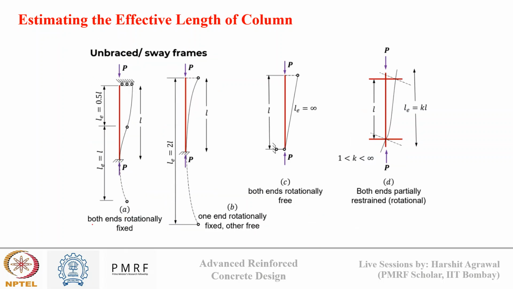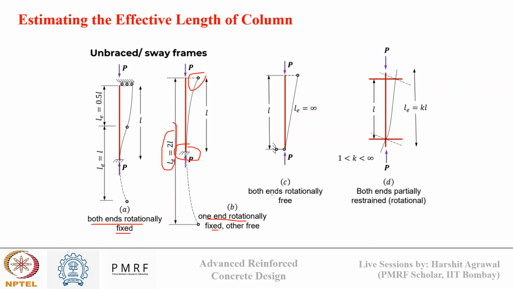So if both ends are rotationally fixed, then for an unbraced frame we say the L effective value is 1.5 times L naught. If one end is rotationally fixed and the other end is free, then we say that L effective is equal to 2L.